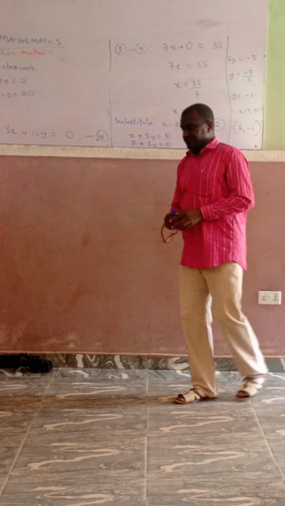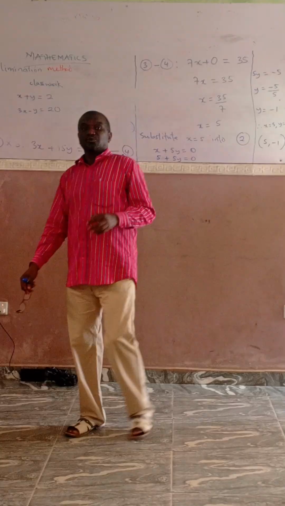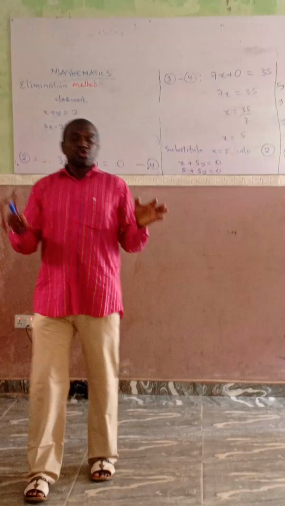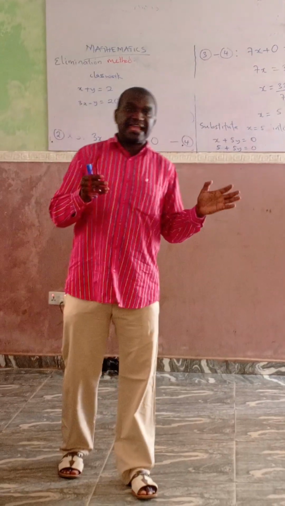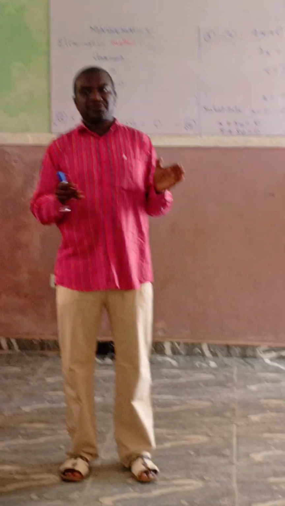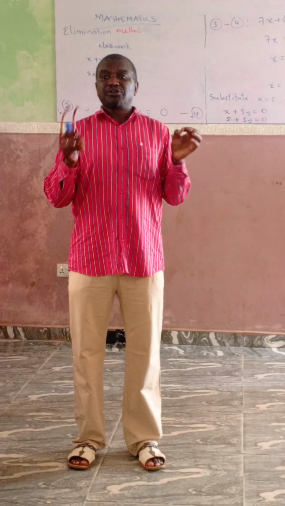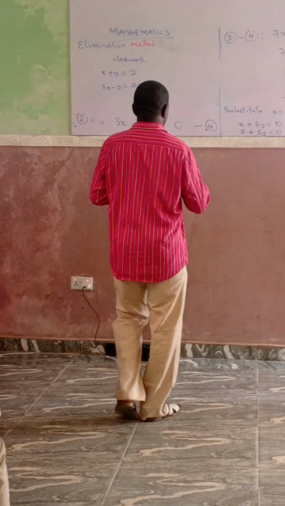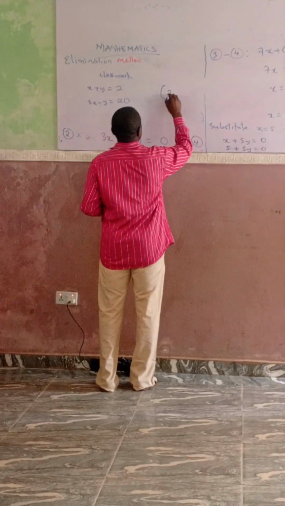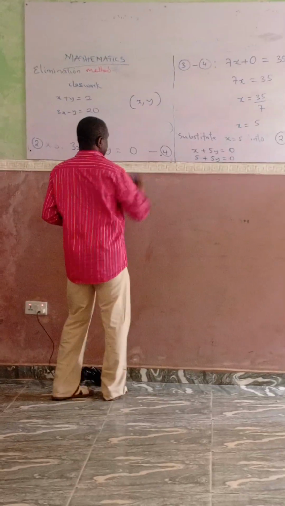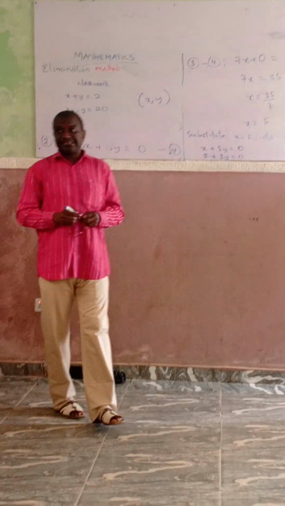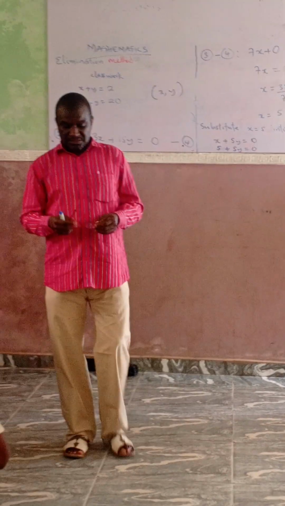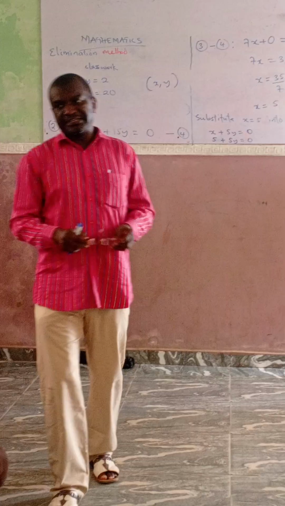Then you solve it. At the end, put your values in coordinate form, an ordered pair where x comes first, followed by y, which is represented in a Cartesian plane.